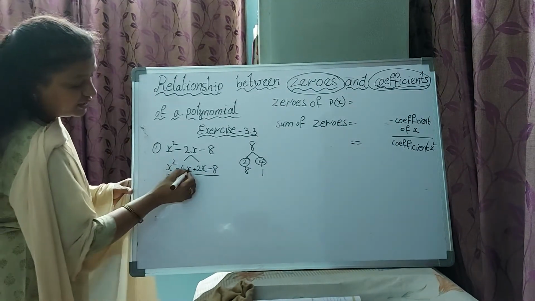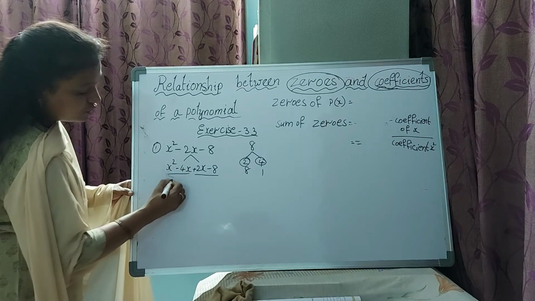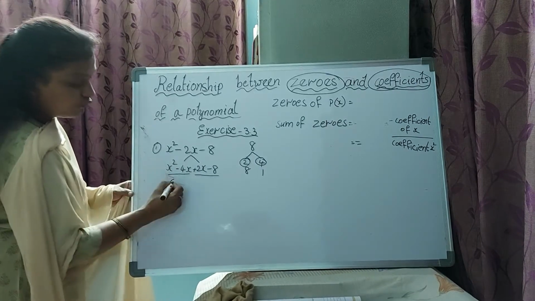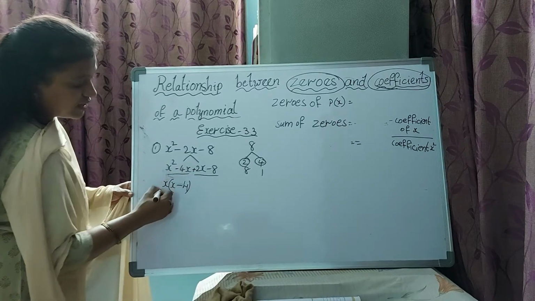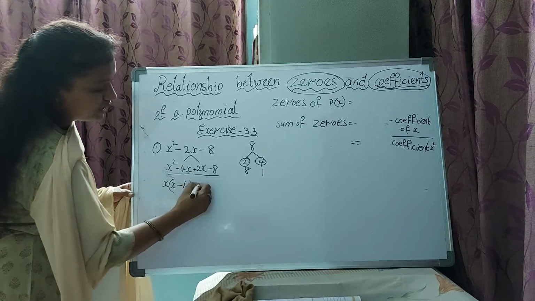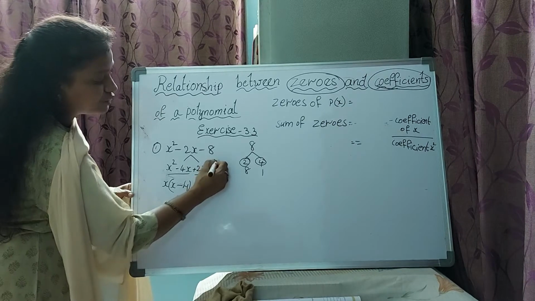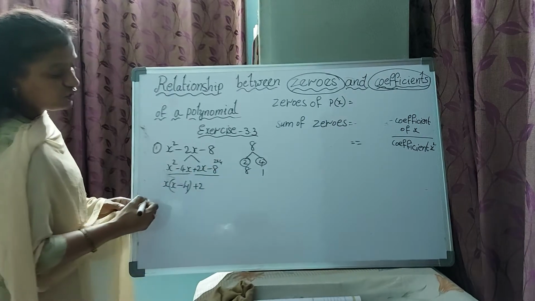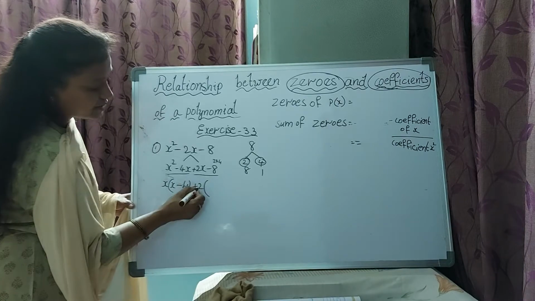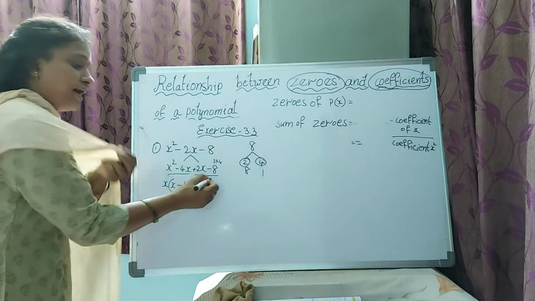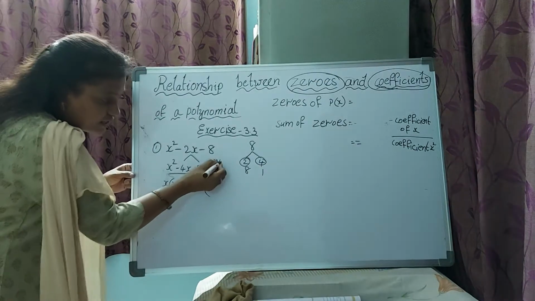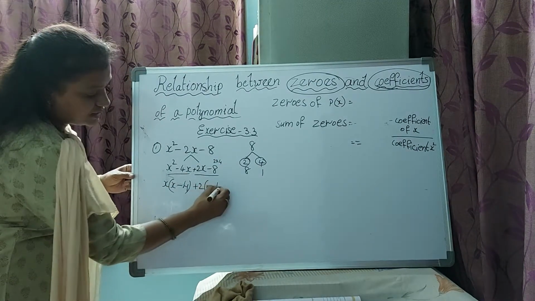Now, for these two terms, you take common. x is common. In these two terms, x is common. So, if you take x, here one more x will be there, minus 4. Again plus 2 is common. 8 you can write as 2 into 4. 2 fours are 8. So if you take 2 as common, here x is remaining and here minus 4.